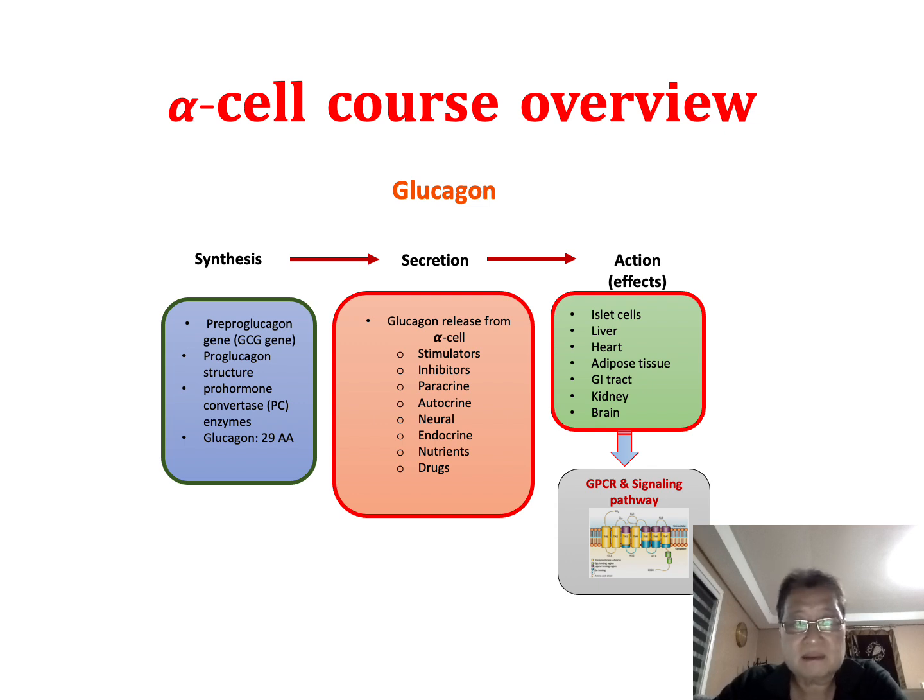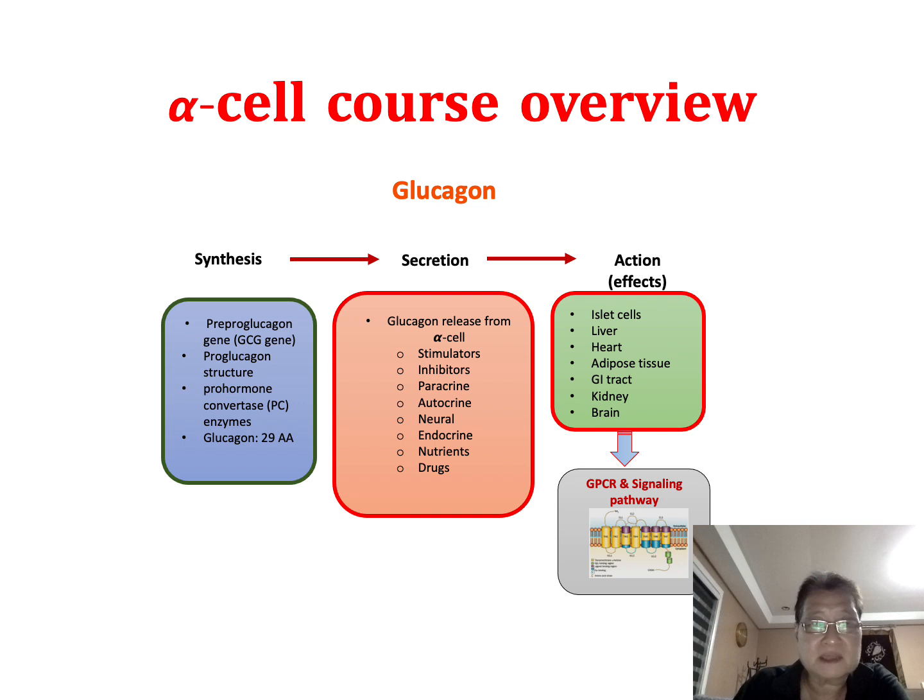In the gut, there is another prohormone convertase enzyme, called 1/3, that splits the pro-glucagon structure into GLP-1 or GLP-2. Okay, so this is important to know since some drugs act on these specific steps.